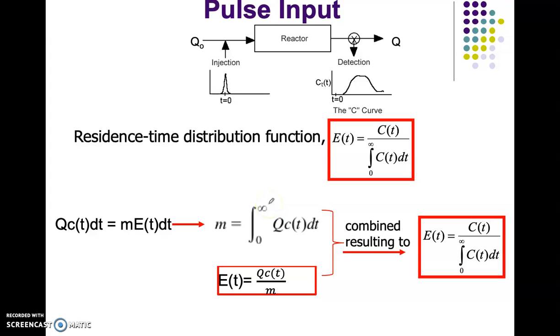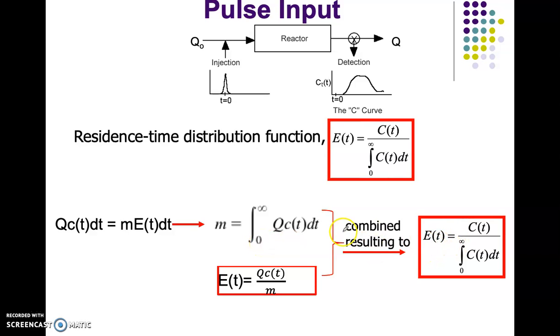Bear in mind, sometimes we cannot measure M directly. Let's say you inject 10 milligram per liter, sometimes it won't come out as 10 milligram per liter. It will not be the same because sometimes it will absorb in the reactor. That's why we use this formula to describe the total amount of tracer being used.